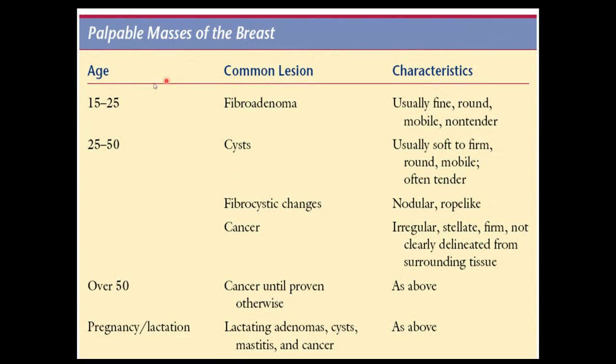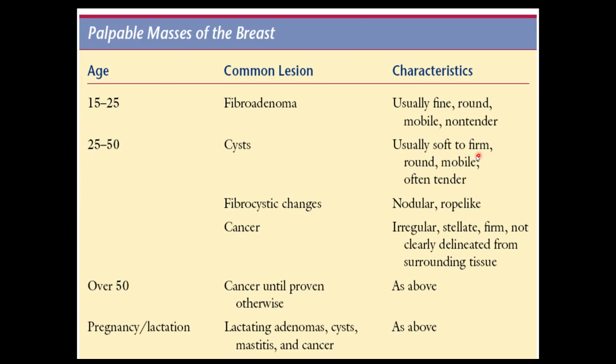Palpable masses of the breast according to age. If the patient is young, under 25 years of age, most of the palpable lumps may be fibroadenoma, and they will be firm, round, mobile, and non-tender. And between 25 to 50 years of age, the most common cause of palpable mass is cyst, then fibrocystic changes, and then cancer.